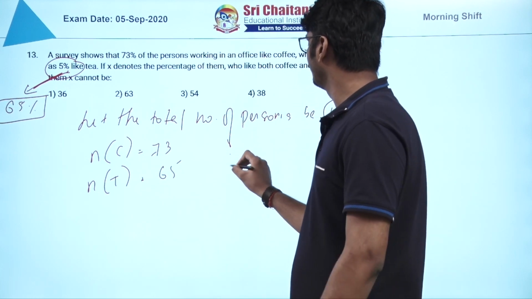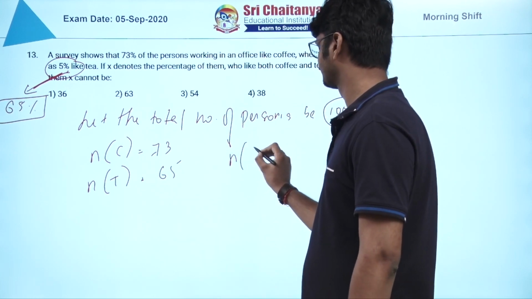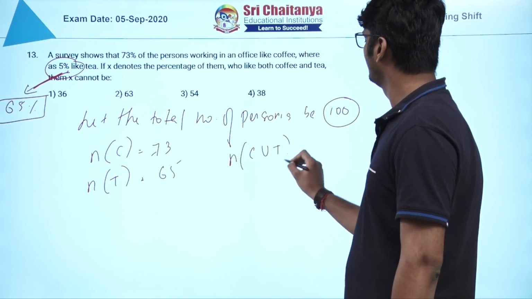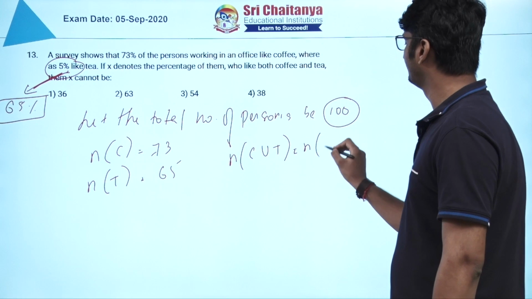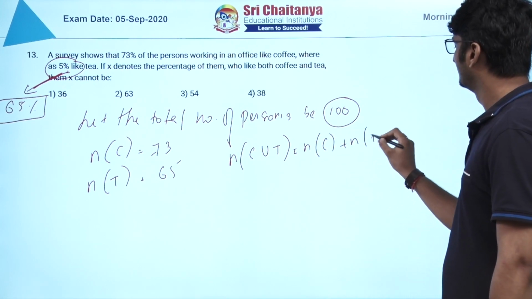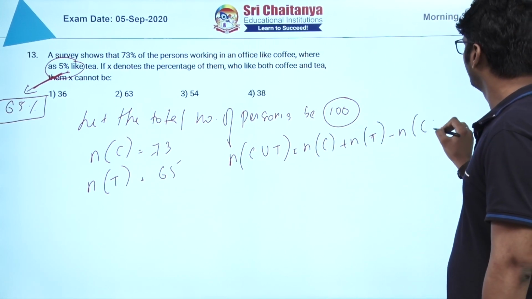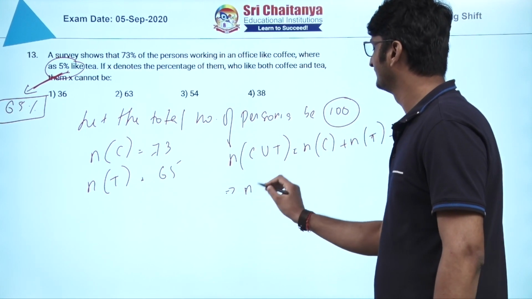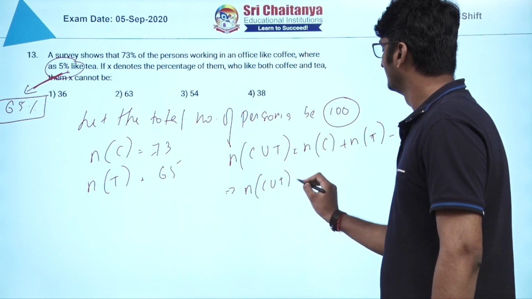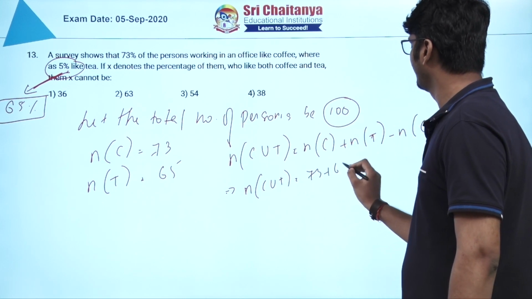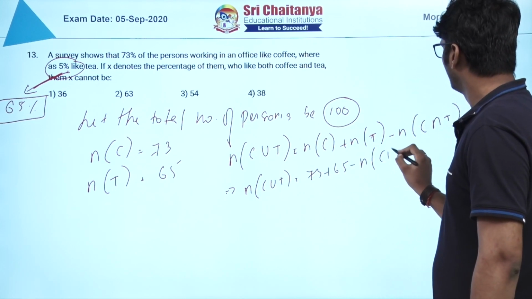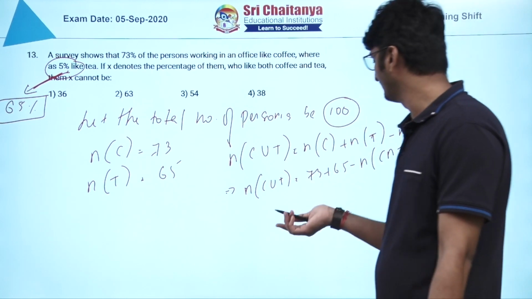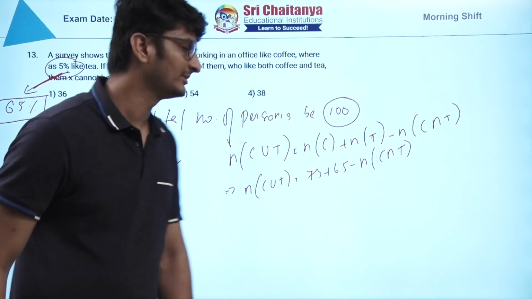Now, what we know, basic: n of C union T, we have the formula n of C plus n of T minus n of C intersection T. Just try to observe, this is 73 plus 65 minus n of this. What is the maximum value of C intersection T? 65 only, it cannot be more than that.